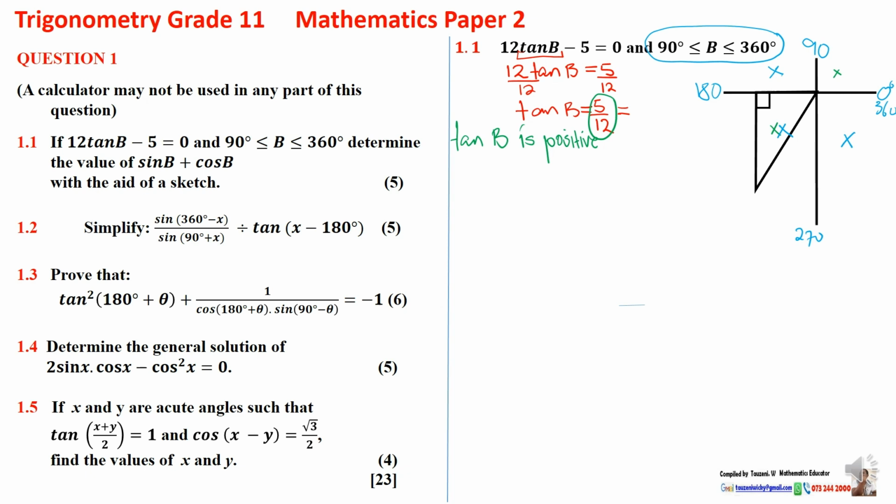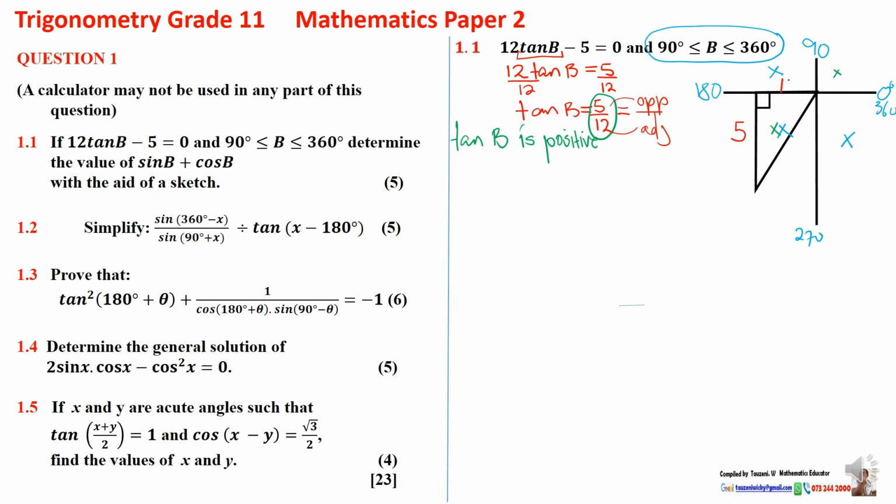We know that the tan of an angle is equal to opposite divided by adjacent. So in our case, we have tan B, which is equal to 5 over 12. It means the opposite is 5 and the adjacent is 12. So the opposite in our diagram is 5 and the adjacent is equal to 12.